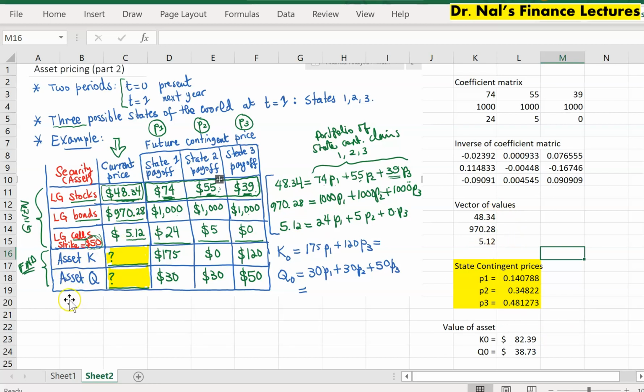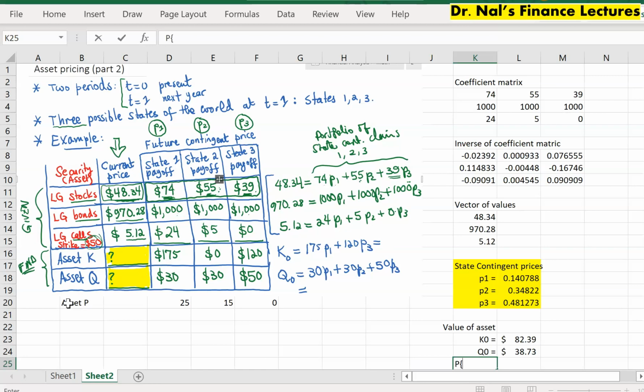For instance, if I were to create yet another asset, say asset P, well, the asset P promises, say, I don't know, $25 in state 1, $15 in state 2, and nothing in state 3. I can easily even value that asset, right?